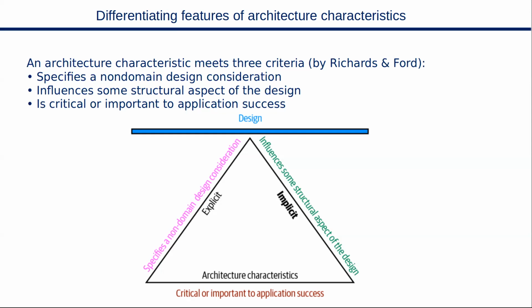They propose to divide architectural characteristics, quality attributes, non-functional requirements, whatever, it's all about the same, by the following things. Specify a non-domain design consideration, influence some structural aspect of the design, and be critical or important to application success.